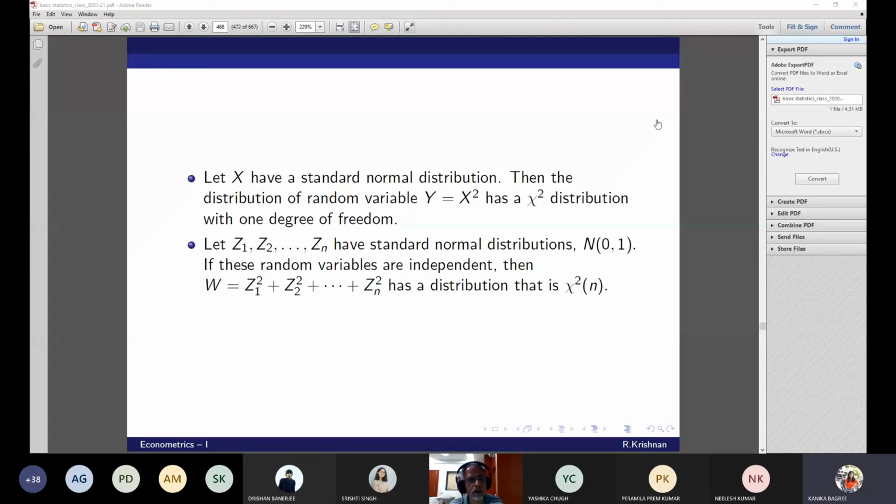Sir, will you give us questions to derive the chi-square distribution and normal distribution? To derive the distribution? No, I may give you something and ask you to show whether it is a PDF or not. Those kinds of questions. So you won't give us to derive chi-square and normal?